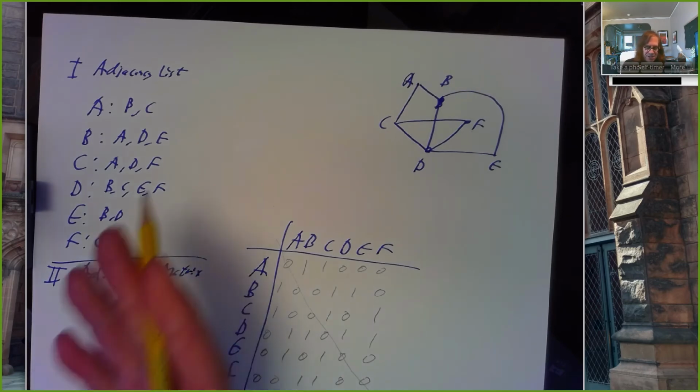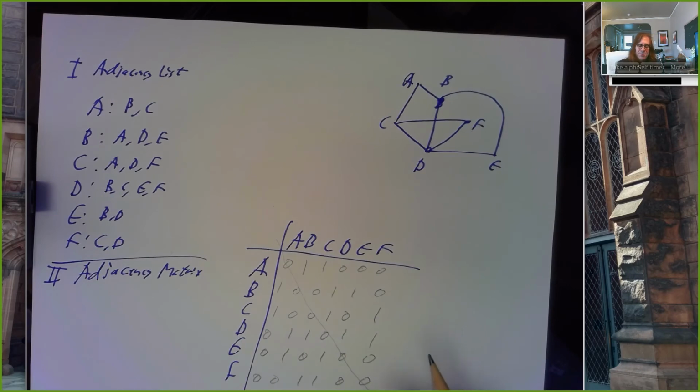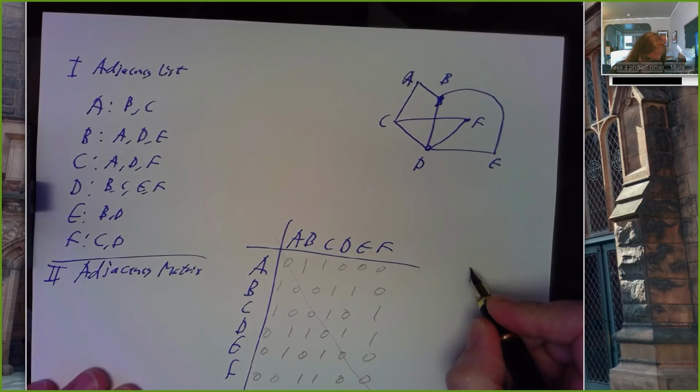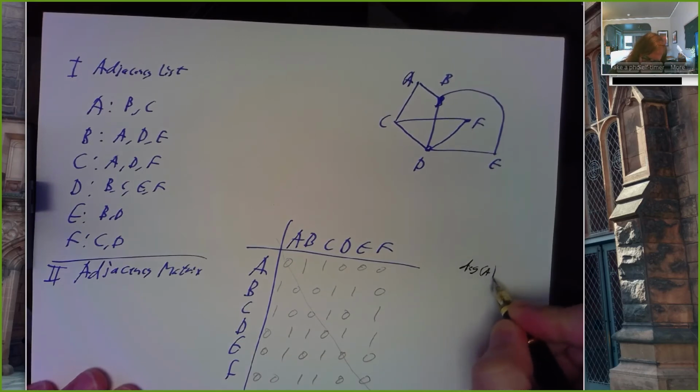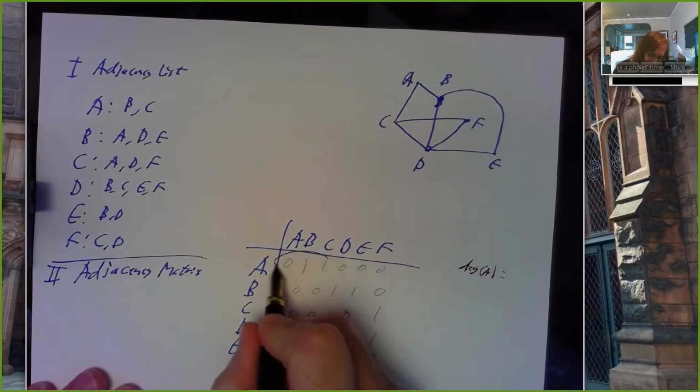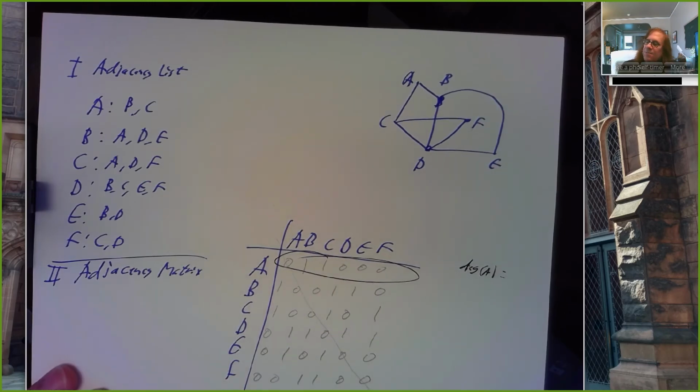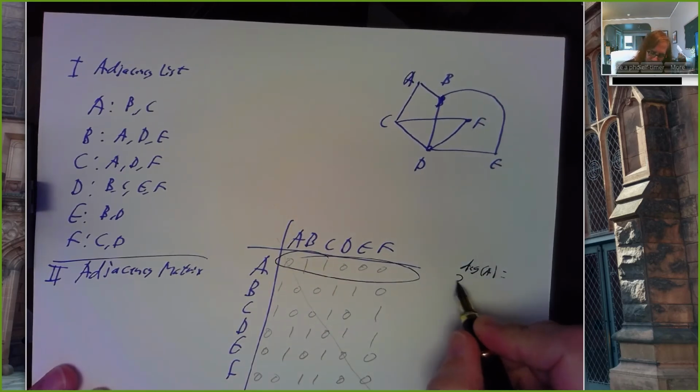And just like the adjacency list, we can answer lots of questions about this graph just from looking at this matrix. For example, the degree of A is just the sum of the entries in this row. That's 2.